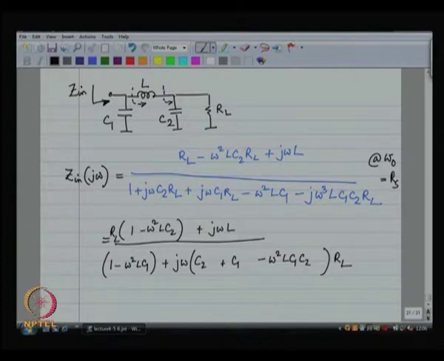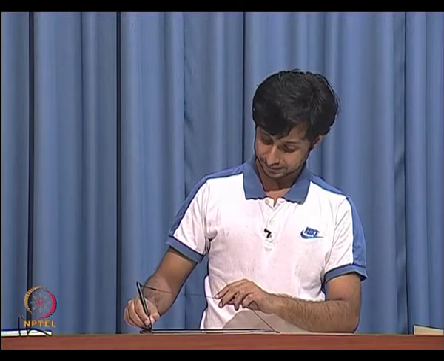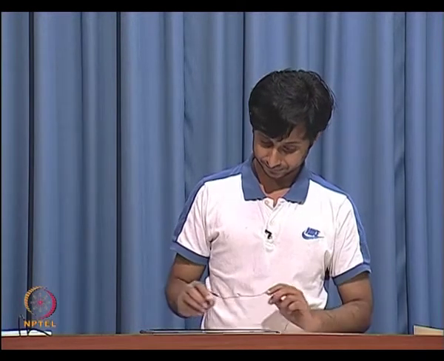So, I have clubbed real and imaginary parts together, and then what do you do? You multiply the numerator by the complex conjugate of the denominator, and then when the real part and the imaginary part are equal, that frequency is going to give you the 3 dB cutoff point. Agreed? So, let us take a step and do that.